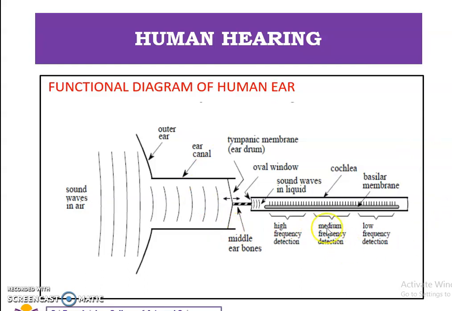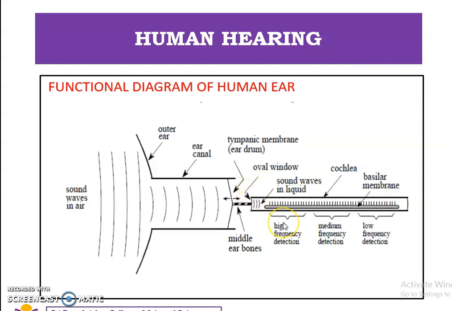When exposed to high frequency, the part of the basilar membrane nearer to the oval window resonates. If it is low frequency, the part of the membrane far away from the oval window will respond. This will excite the nerve cells in the basilar membrane and create nerve impulses. This is the concept of the place principle.